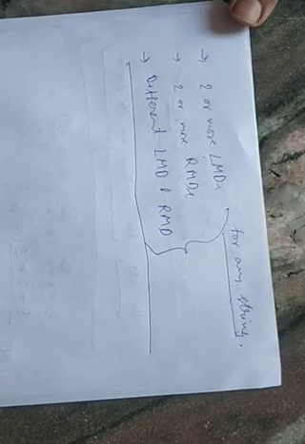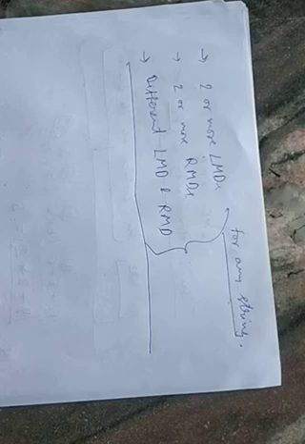Once again, for any grammar, if you want to prove that the grammar is ambiguous, you need to pick one string, and for that particular string, you need to derive two or more leftmost derivation trees, or two or more rightmost derivation trees, or a different leftmost derivation tree and rightmost derivation tree.